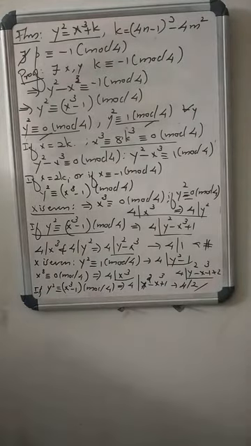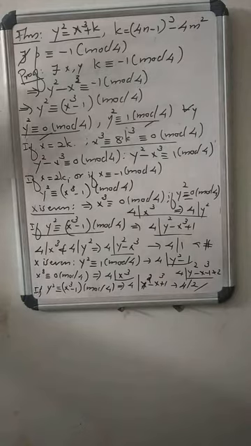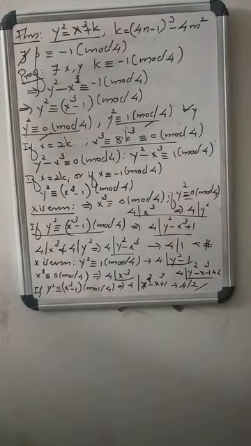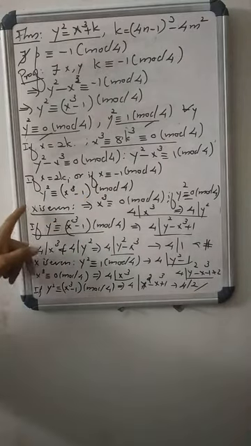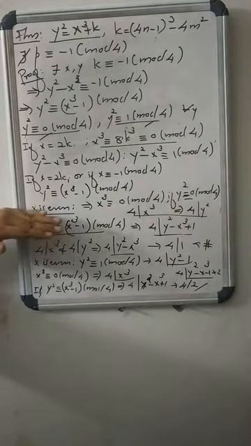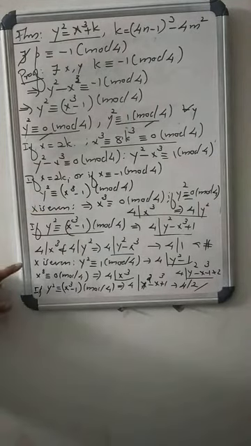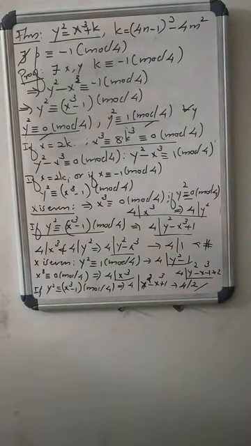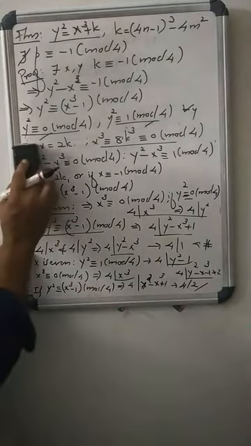So these two cases do not hold. Clear? Okay. So the cases are y square congruent to 0 mod 4 and y square congruent to 1 mod 4. Here we use these two conditions. When x is even and y square is congruent to 0 mod 4, this case does not exist. Also when x is even and y square is congruent to 1 mod 4, that case also does not hold.